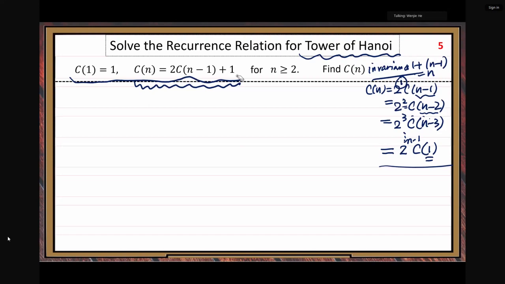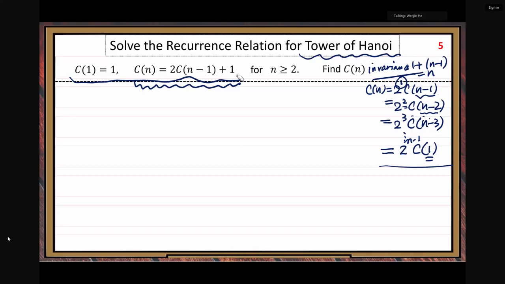We want to make that plus 1 term disappear. Is that possible? Then we know how to solve it. We need to apply some special mathematical operation to make that plus 1 disappear. Think about that.